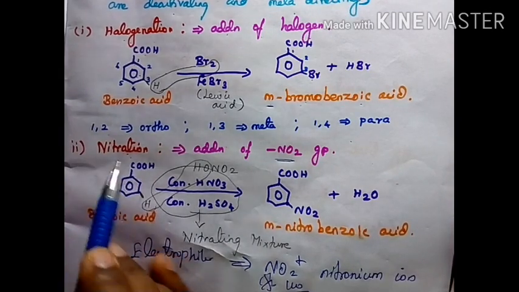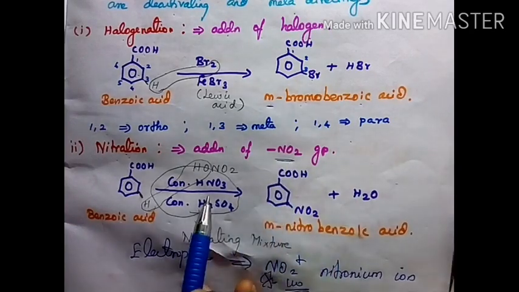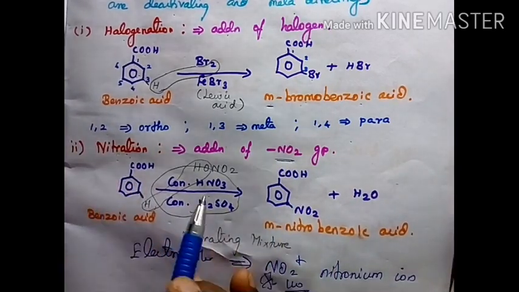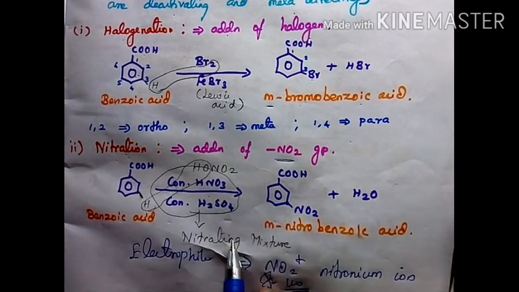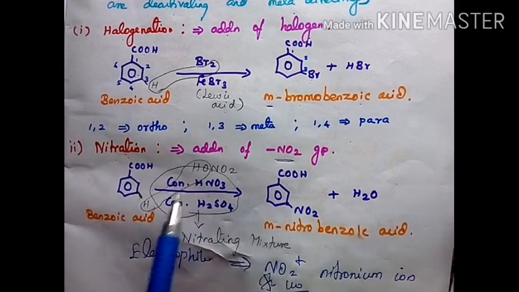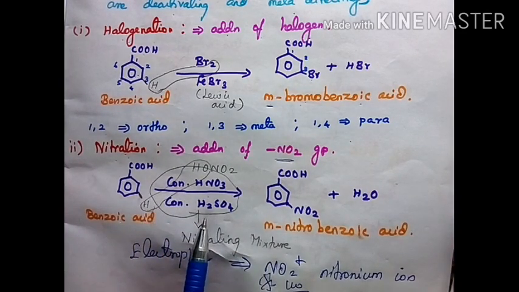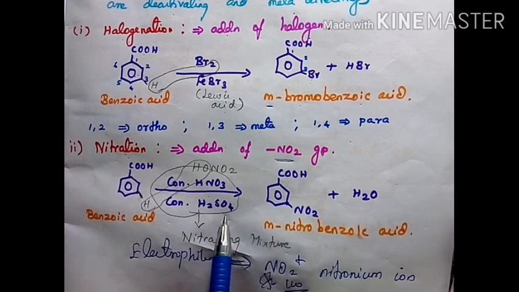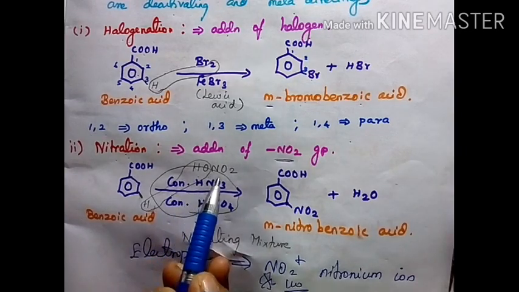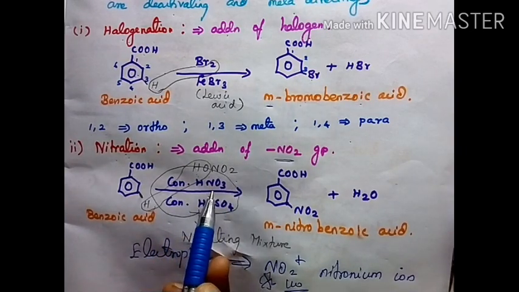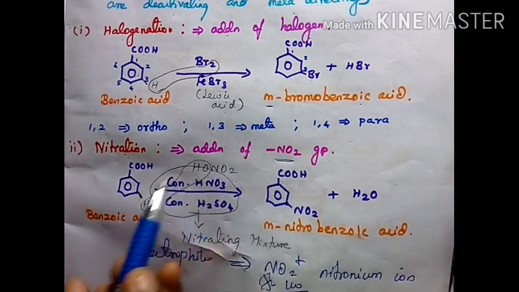So nitration means addition of NO2 group. Another important thing: nitration needs a reagent called the nitrating mixture. What is that nitrating mixture? Concentrated nitric acid and concentrated sulfuric acid. Nitric acid can be written as HONO2, that is HNO3.